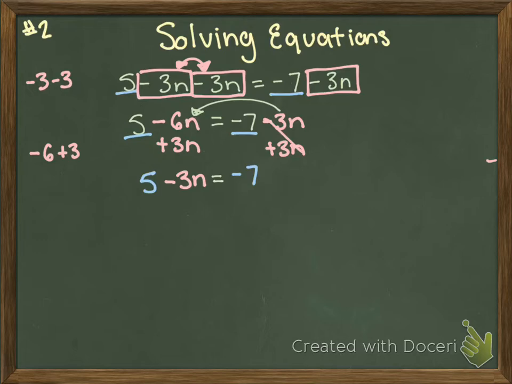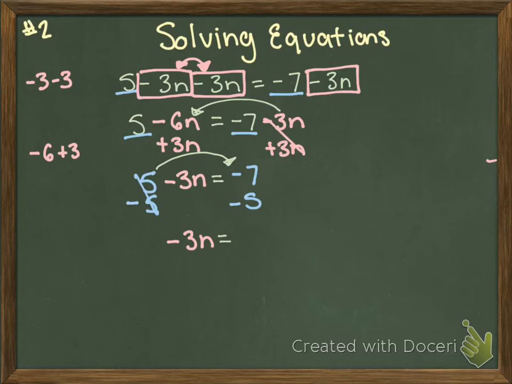I tell my students from here that we need to move our constants to the right. This is a positive 5, so in order to do the inverse, we need to do negative 5 or minus 5. So the first one cancels and bring down what we've got so far. We have minus 3n is equal to, and then here's where we're going to need a calculator or thinking about the negative rules.